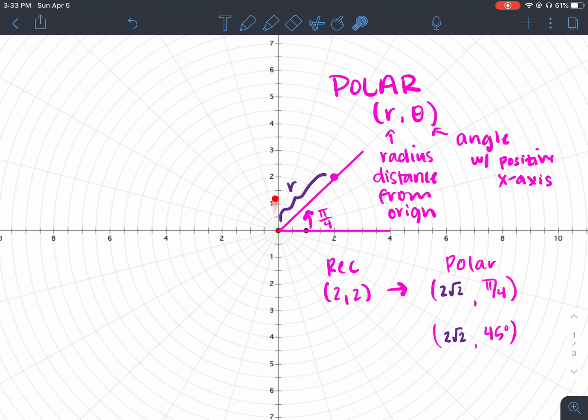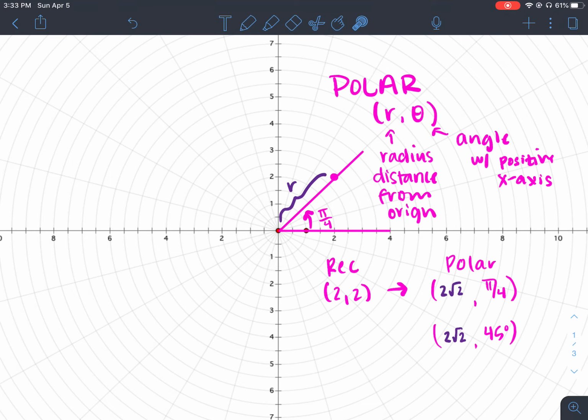We have pi over 4, pi over 2, 3 pi over 4, pi, and then we have our pi over 3s and our pi over 6s. I did those backwards, but we have these angle lines coming out, and you can see where all these intersections are, where those nice radius values and those nice angle values intersect. But this will also get me to every single point in my plane.